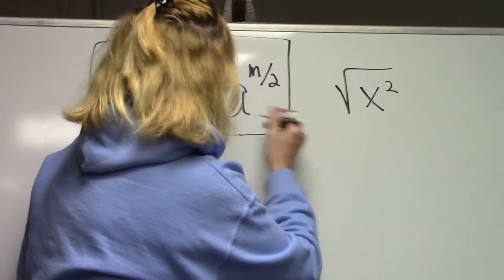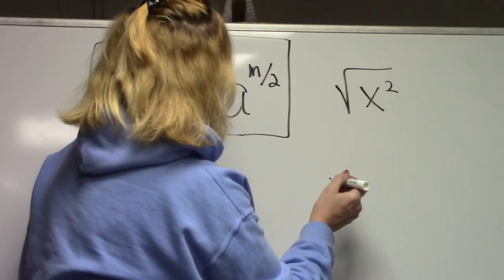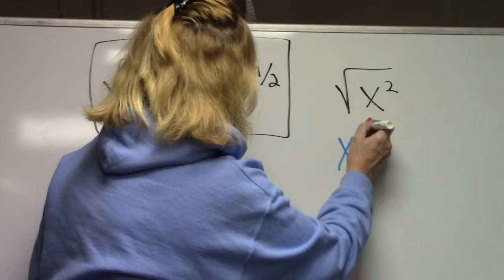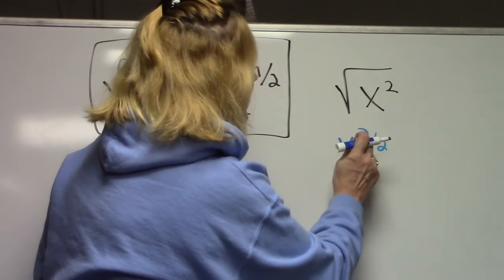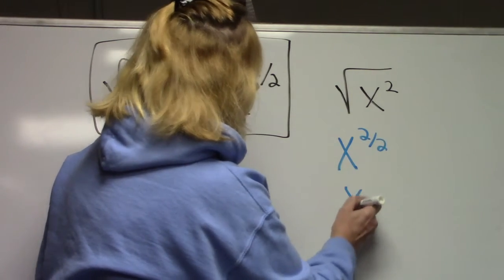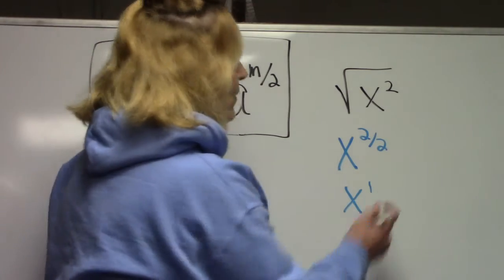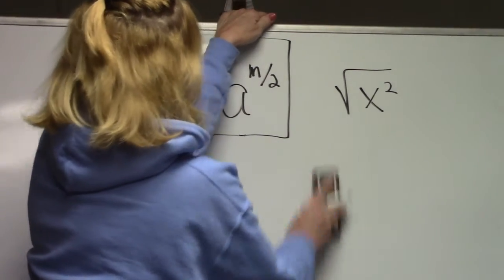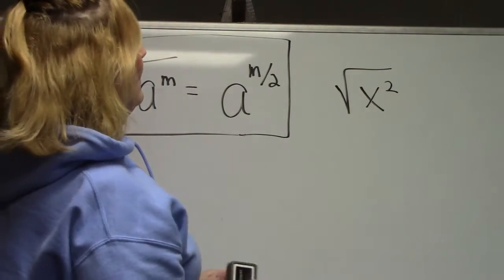So, a to the m divided by 2. Well, my a is x to the 2 divided by 2. 2 divided by 2 is 1. That leaves me x to the first power, or simply just x. So our rule works. You'd probably like it better if I called it a.